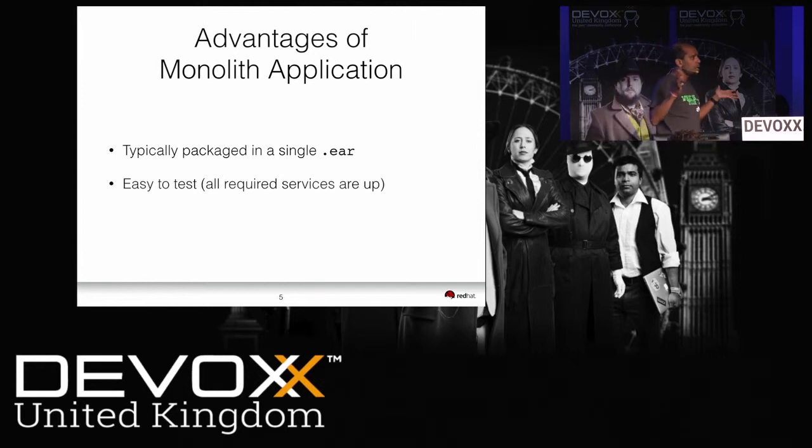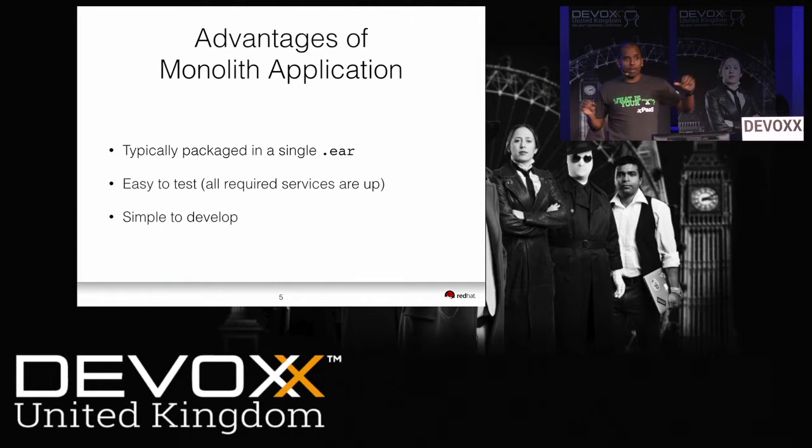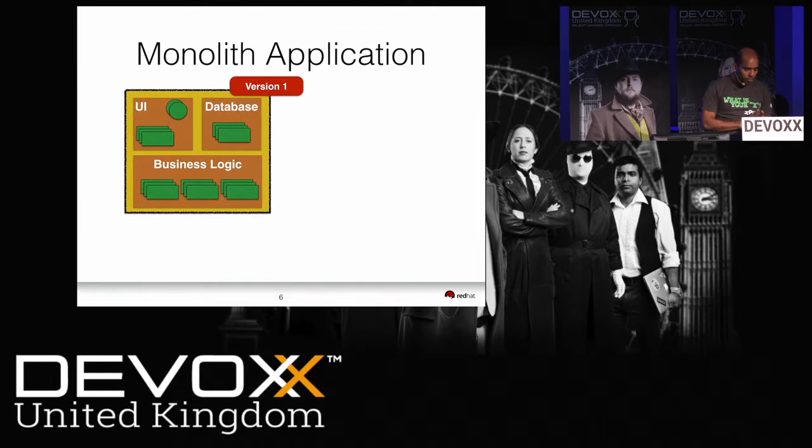You don't worry about it because the archive is deployed, and all my REST endpoints, EJBs, JSF, all those pages are available to me. They're a lot simpler to develop as well, because in an IDE, you can load one POM Maven project, hopefully a multi-module Maven project, but all those dependencies are very clearly defined. You can focus on them. Tools are a lot more adept at handling those monolith applications.